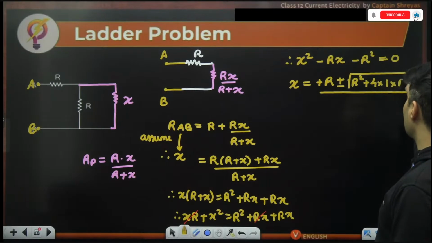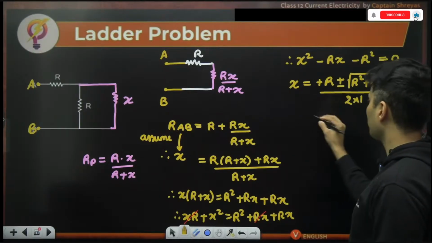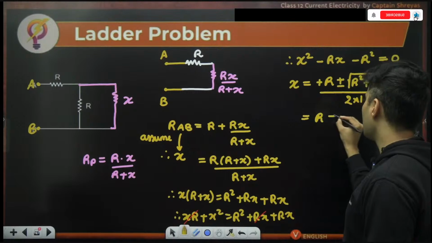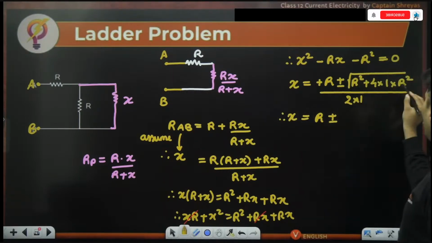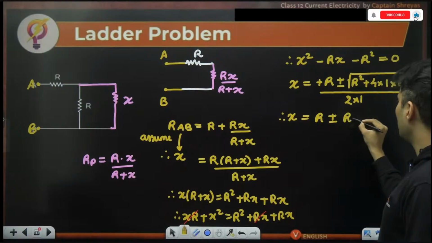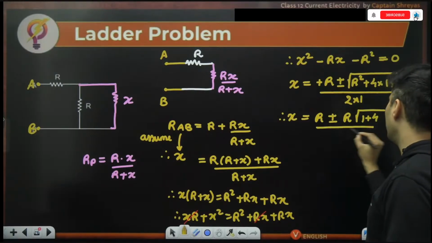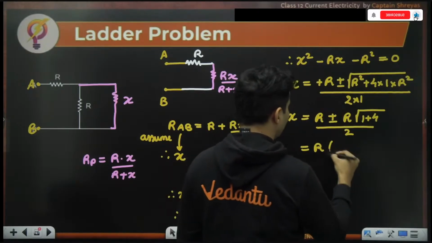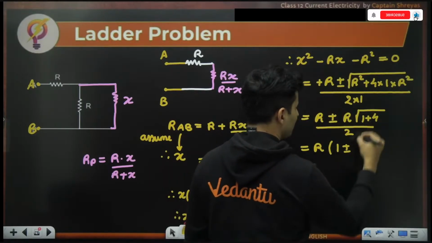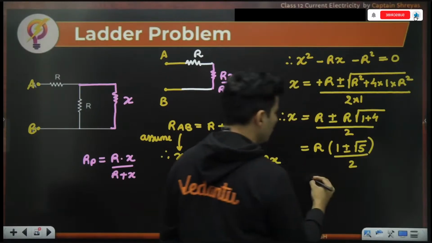So minus becomes plus R square, divided by 2a, which is 2 multiplied by 1. So therefore X is equal to R square can be taken outside the root. It will become just R, and it will be 1 plus 4, of course, divided by 2. So R is common again, 1 plus or minus root of 5, the whole thing divided by 2.